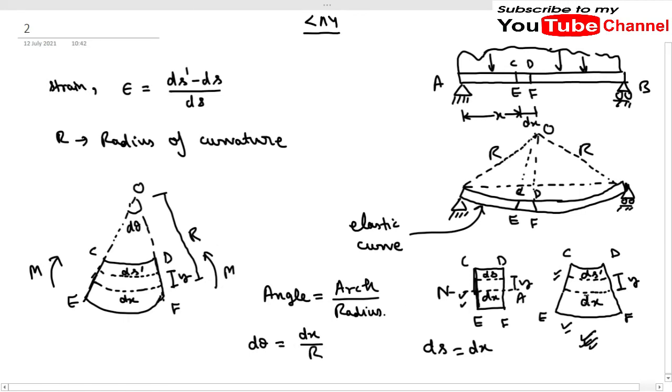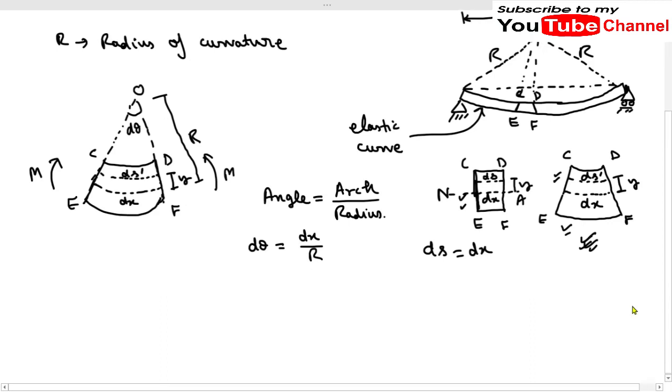As I have written here that dx is equal to ds, we can also write that r d theta will be equal to ds. One thing we have got here.